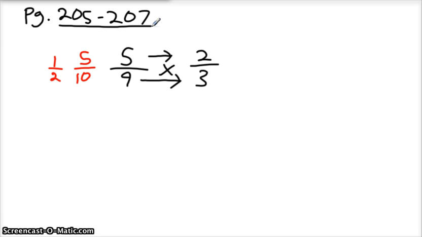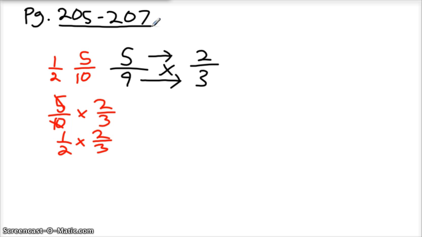If you see a fraction you can simplify within the multiplication problem, so if it was 5 over 10 times 2/3, you could rewrite it as 1/2 times 2/3. That could save you some work. It doesn't matter, you could go through the process and then simplify it, but typically it's easier to simplify smaller numbers than bigger numbers. So I think it helps you out in the long run.